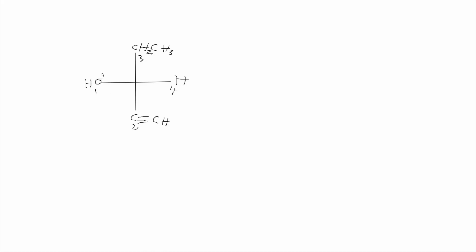So we're just going to go from 1 to 2 to 3, and that is counterclockwise, making it S. However, the hydrogen is on the horizontal bond, and it needs to be on the vertical bond for this process to work properly.